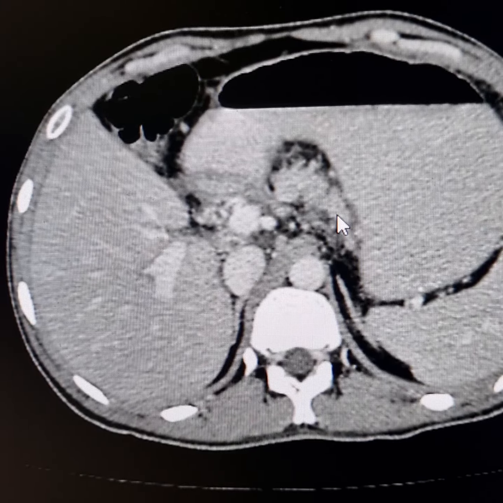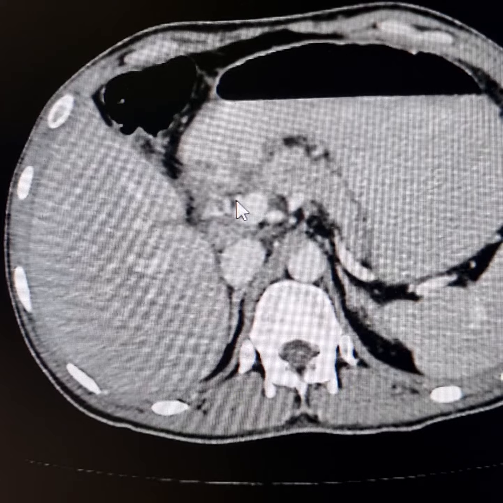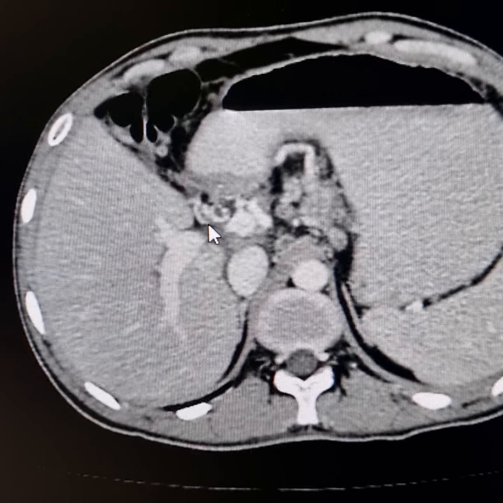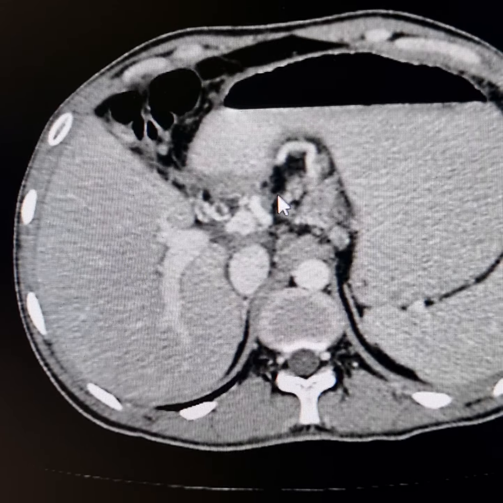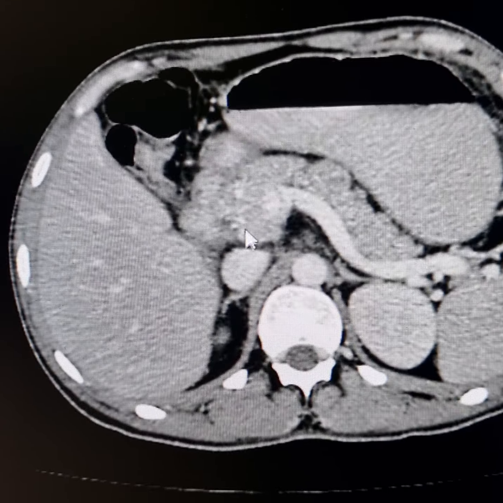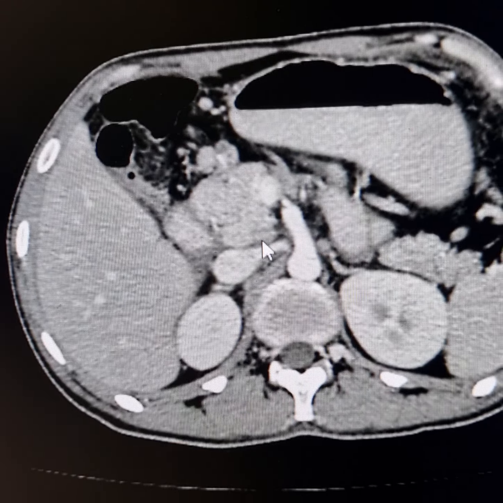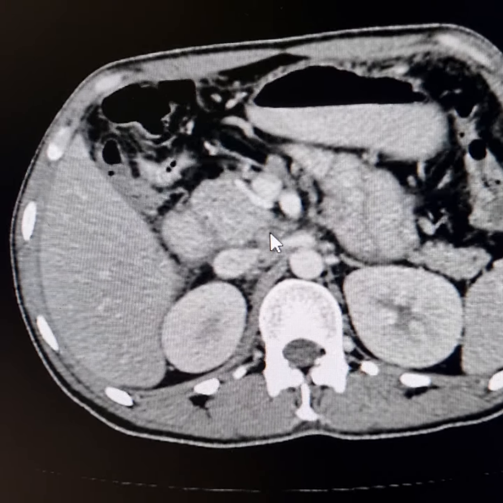Similar enlarged lymph nodes are noted along the head of pancreas, and in the porta hepatis. This one here, this is the head of pancreas. These lymph nodes here.